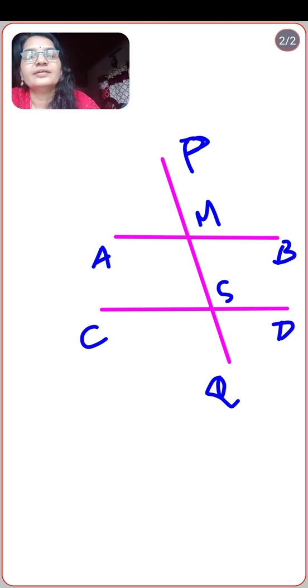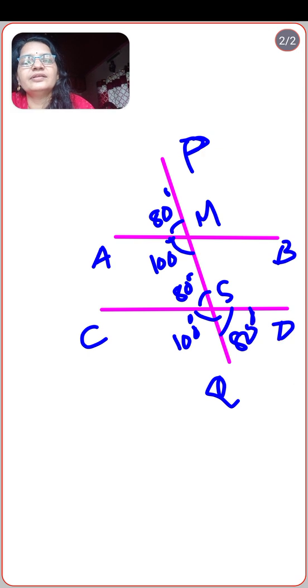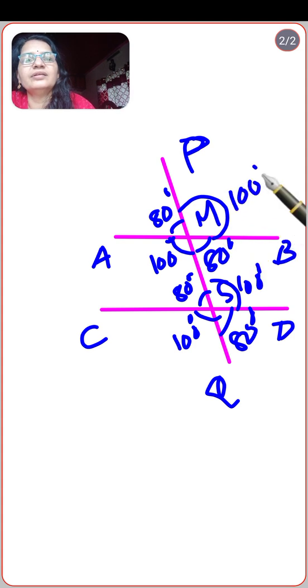In the previous example, we gave this angle as 100 degrees and this one is 80 degrees, isn't it? Again this 80 degrees, this 100 degrees, this one 80 degrees, this 100 degrees, this one 80 degrees and this one 100 degrees.